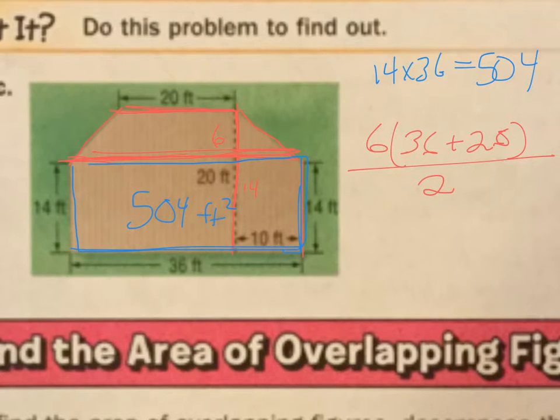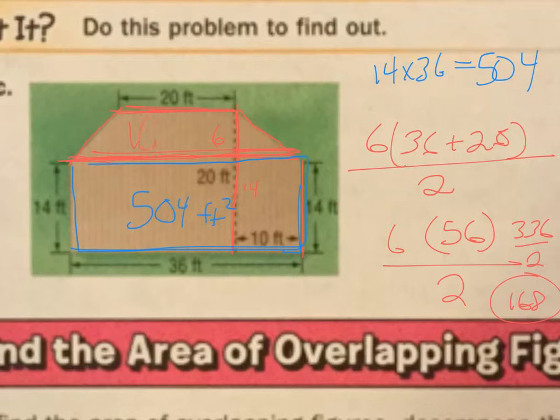So 36 plus 20 is 56, times 6, divided by 2. 56 times 6 is going to equal 336, divided by 2. And when we do that, we get 168. So this part here is 168 feet squared.